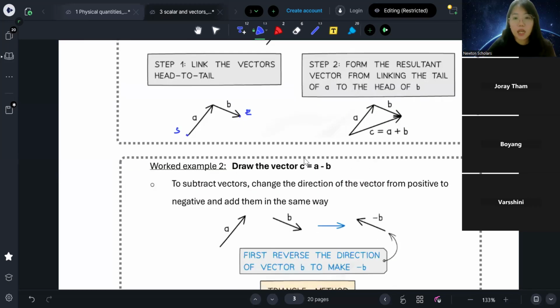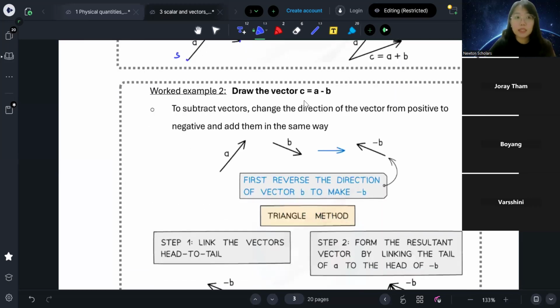Next, what if, teacher, the resultant is A minus B?